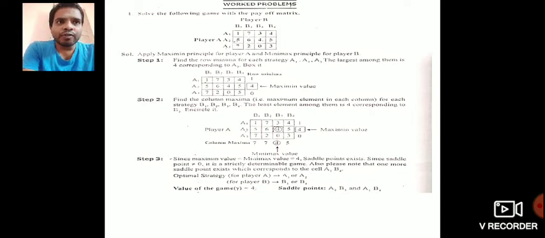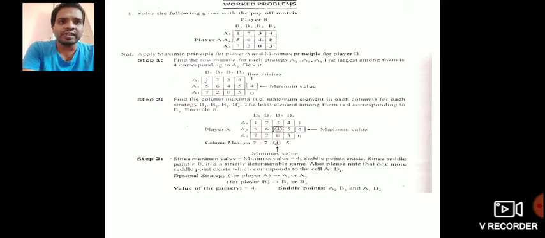See here, another 4 is there in the payoff matrix, at the cell A1 to B4. That value we can also consider the value of the game because of the same elements.